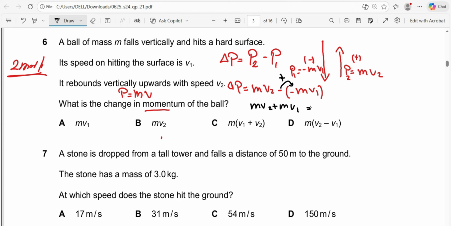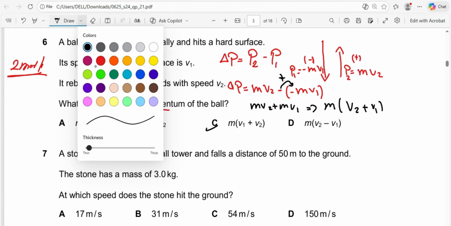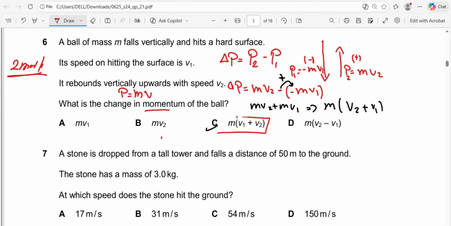We can take m as a common factor, so m(v2 plus v1). The correct answer is this one, so the correct answer here is B, not D. Why? Because of the reason we said about the vector.